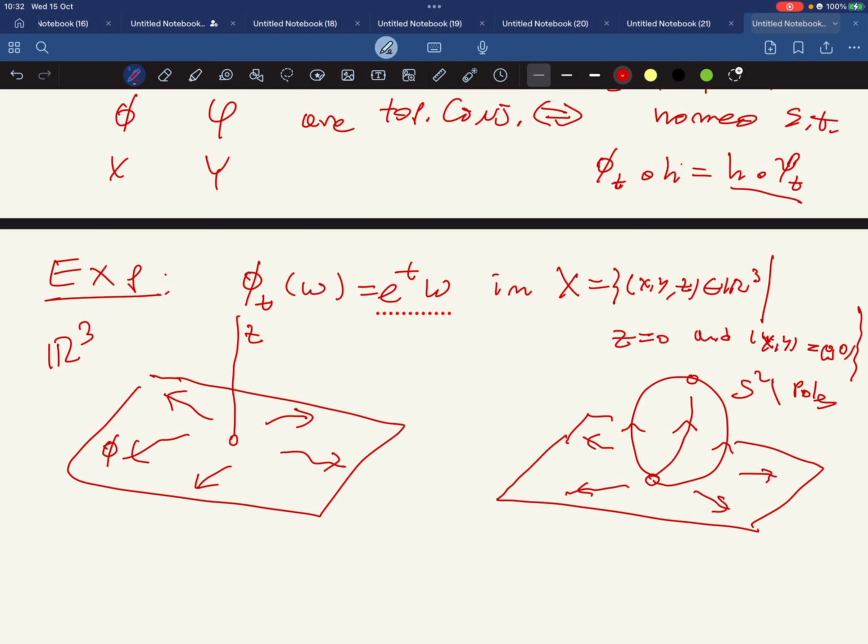This is the flow phi, this is the flow bar phi. Using stereographic projection, you can make a topological conjugation between the flows. This one is expansive, but this one is not expansive.